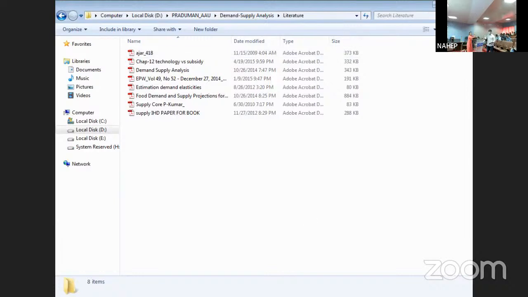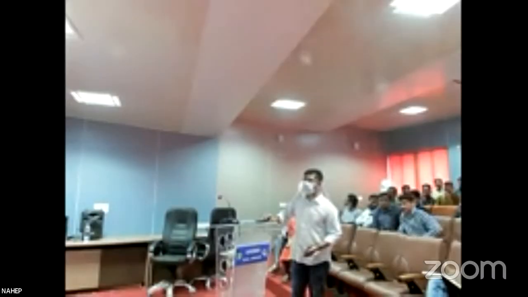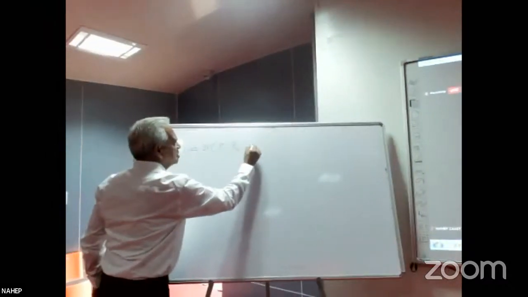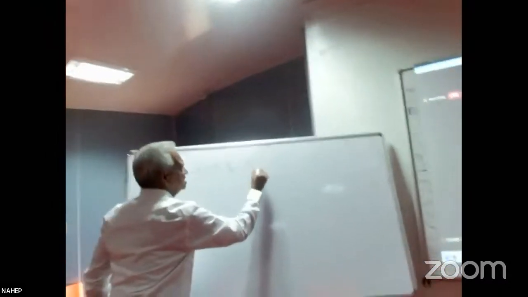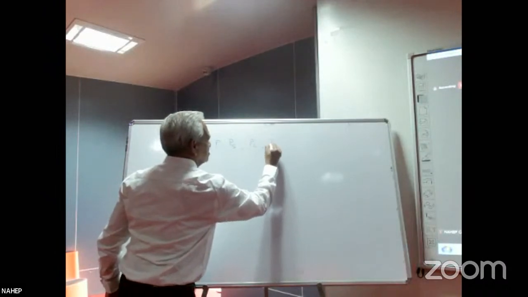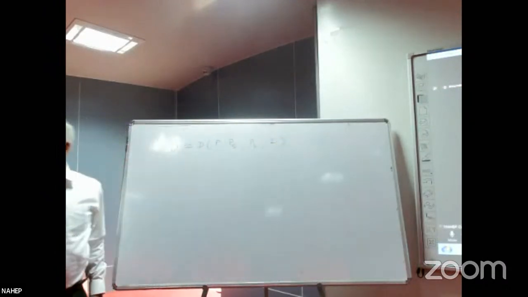Okay, so what is demand? You define demand. It is a function of price, price of substitutes, price of complementary goods, and income.